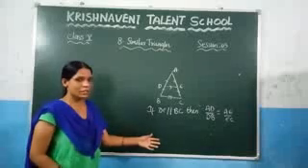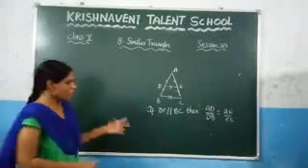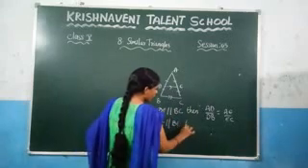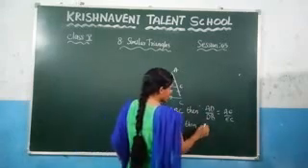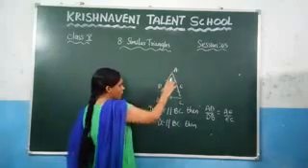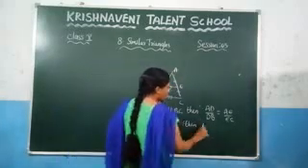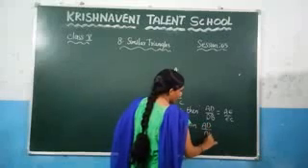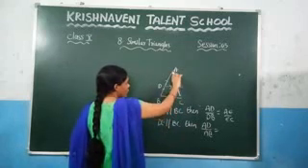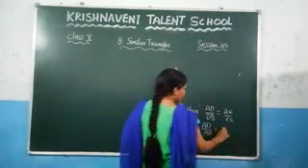Now, while doing problems, if DE is parallel to BC, you can write this in another way. In place of AD by DB, you can write AD by AB, equal to AE by AC.